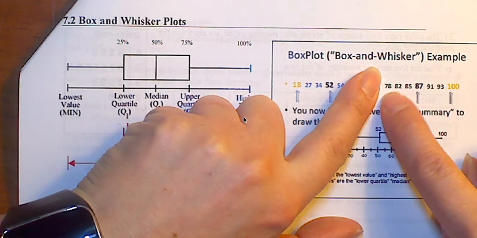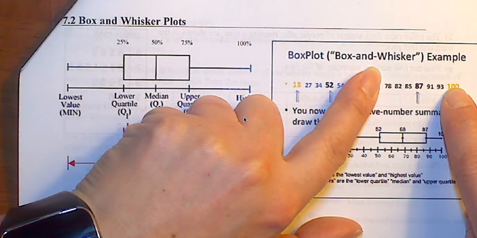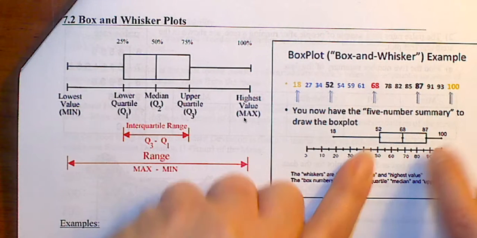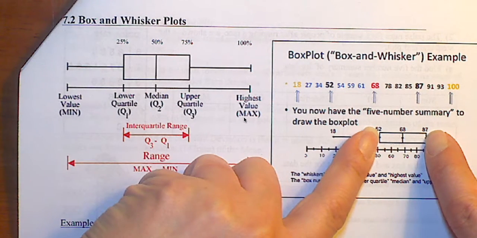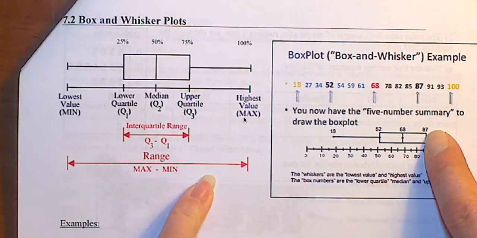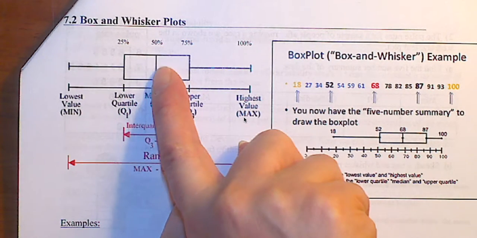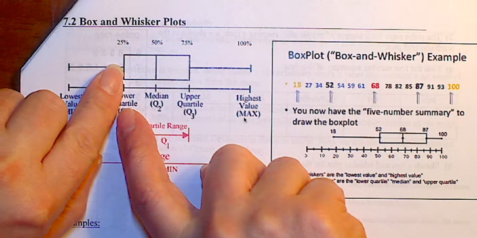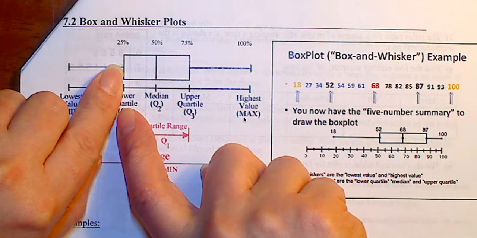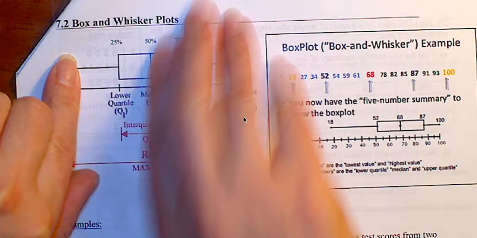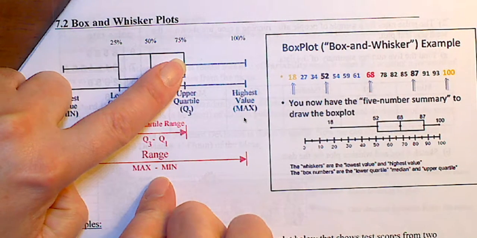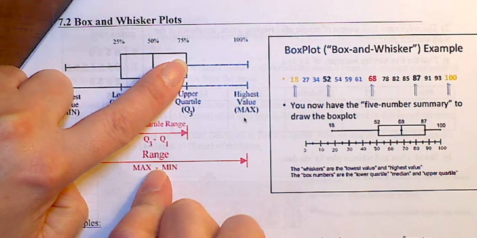And then you find the median of the top half, and that is 87, and that marks the right side of the box, okay? So we've got the minimum, the maximum, the median, then this is the first quartile, which is the median of the bottom half, and this is the third quartile, which is the median of the top half.